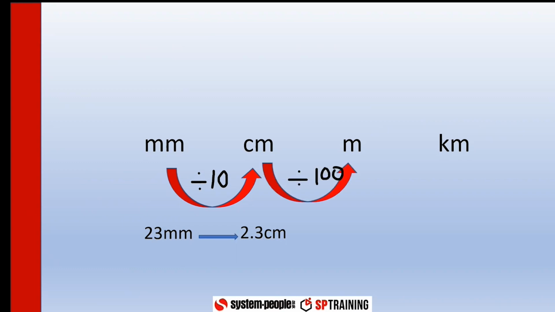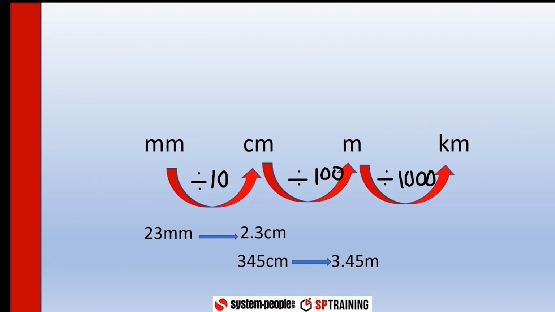If we're changing centimeters to meters, we'll divide by 100. So 345 centimeters, divide it by 100, we get 3.45 meters. And with our meters, we're going to divide the meters by 1,000 to get to the kilometers. So if we've got 2,345 meters, divide it by 1,000 and we get 2.345 kilometers.